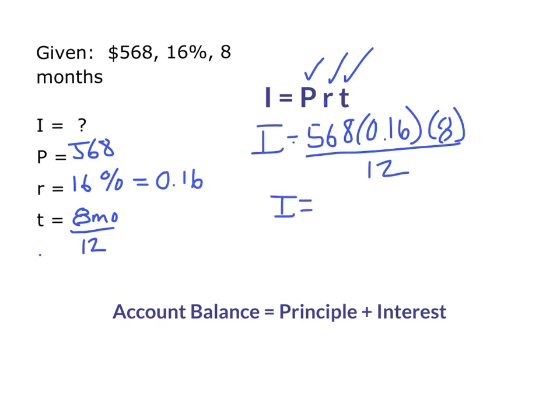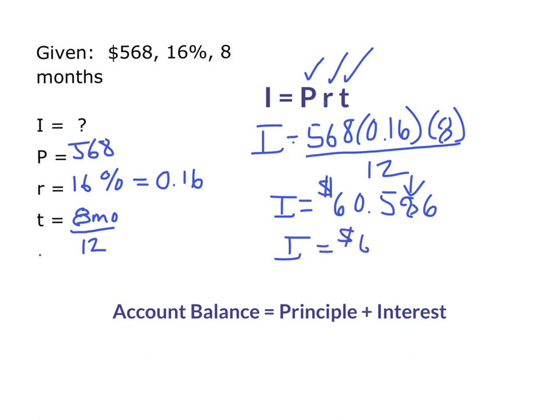When I now multiply, on the calculator what you would do is multiply 568 times 0.16 times 8, then you would hit the equal sign, divided by 12 equals, and in this case we're going to get $60.586 repeating, but again because it's money we have to round to the nearest penny.